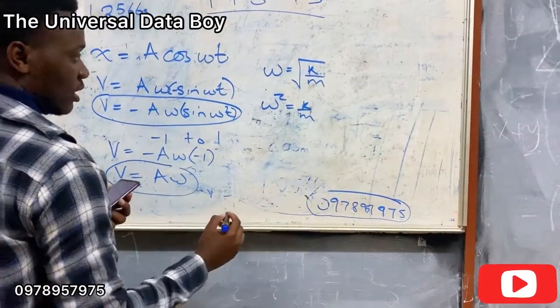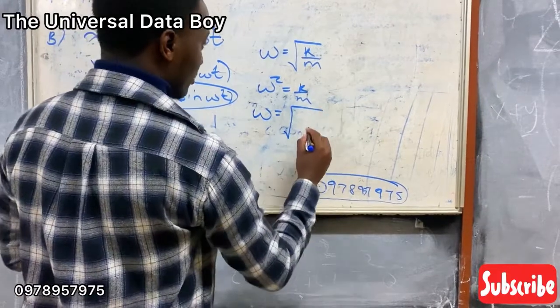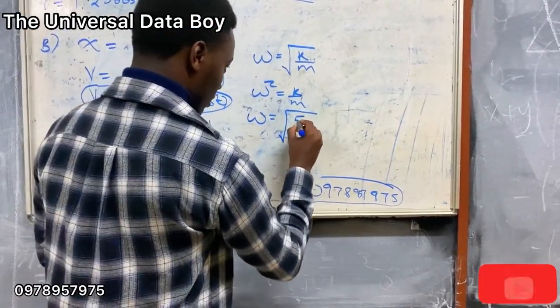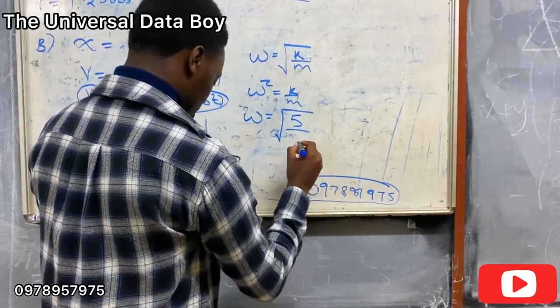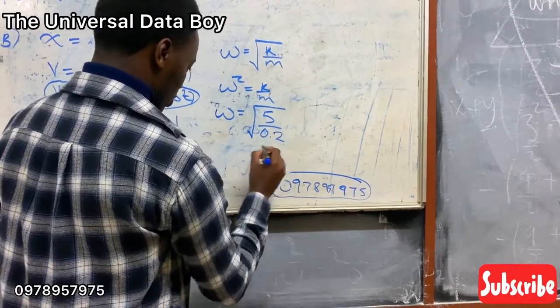So omega is equal to the square root of k over m, where k is 5 newtons per meter and our mass is 0.2.